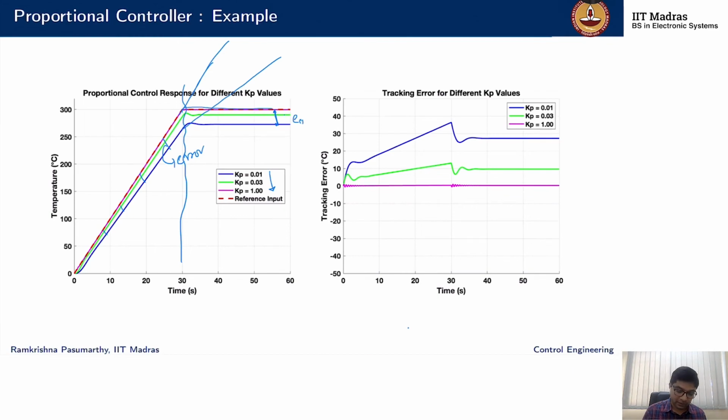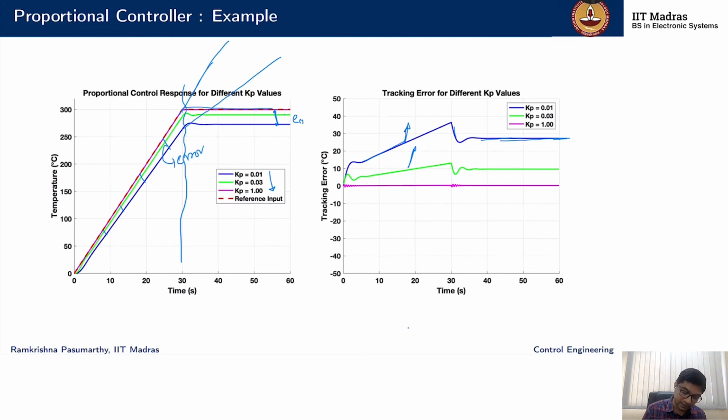I can also see that the tracking error initially keeps increasing. This has to increase because my system cannot track a ramp signal. But since it changes to a step here after 30, I see little oscillations, and then the system settles down to some value with some steady state error.